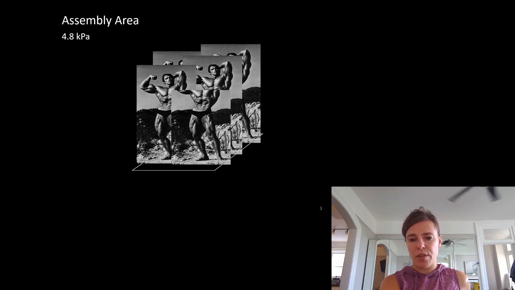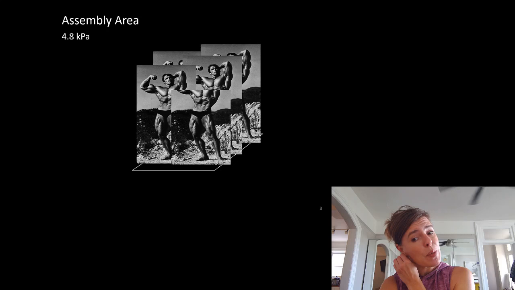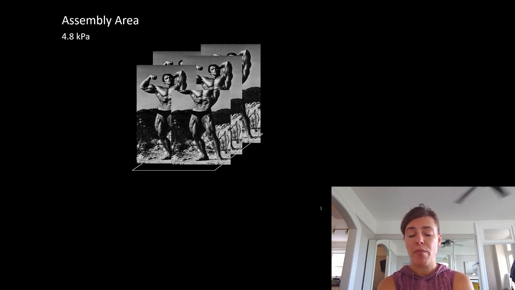What I used to do when I would teach up in front of all the students, before I showed this slide, before class, I would tape out on the floor a 1 meter by 1 meter square, and I would call up some students to stand in the square with me. Now, 4.8 kilonewtons per meter squared, most people don't weigh 225 pounds.